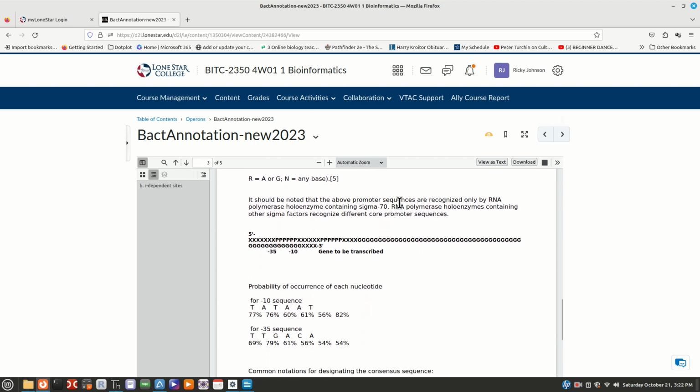It should be noted the above promoter sequences are recognized by RNA polymerase only containing the sigma 70. Now, there are other versions in bacteria of the RNA polymerase that substitute out this particular protein. The sigma 70 enzyme is not the only RNA polymerase.